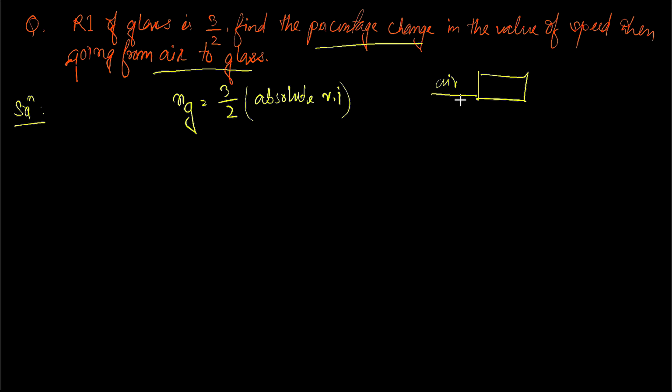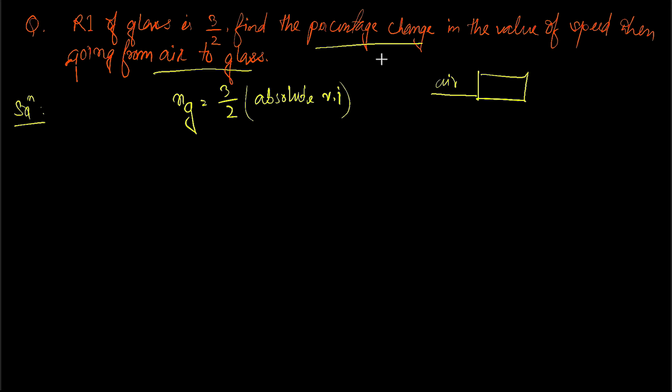So we have to find the percentage change in the speed. Velocity is going to decrease, which means there is going to be a change of speed or velocity, right? Now we have to calculate the percentage of change of the speed.